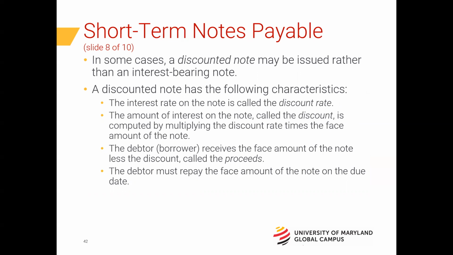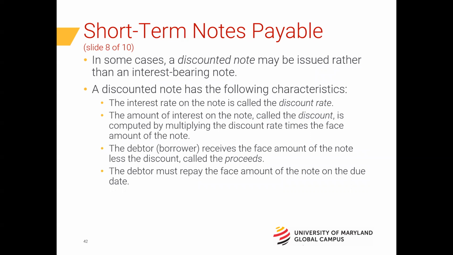In other cases, the short-term loan can be expressed as a discount loan. Very different. A note payable is a simple loan. A discount note payable is a little bit different.